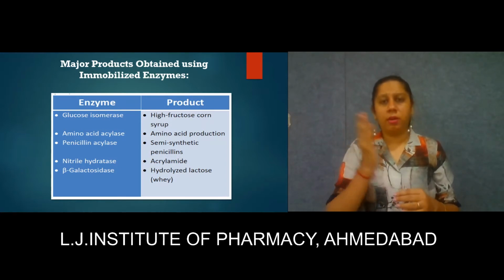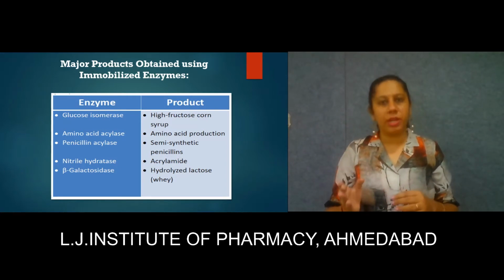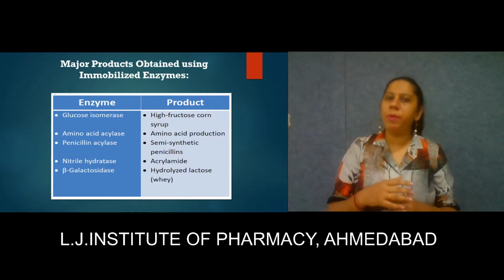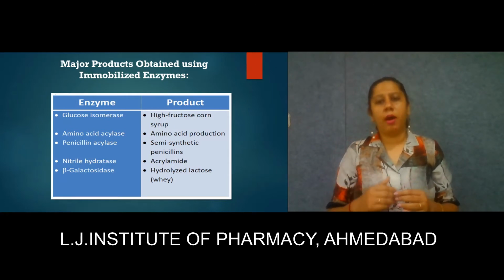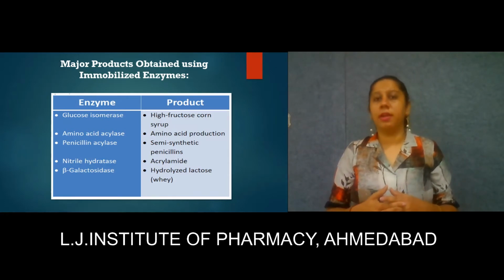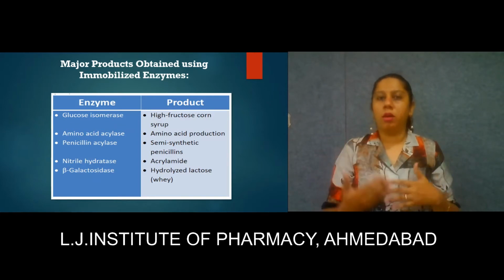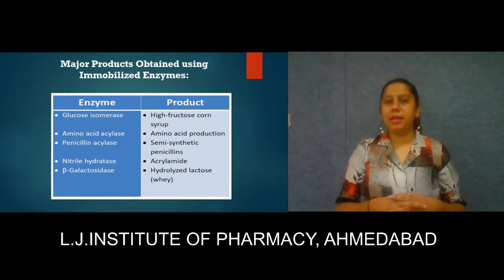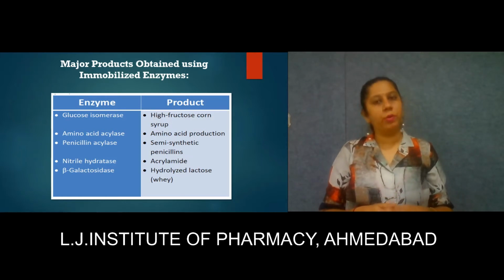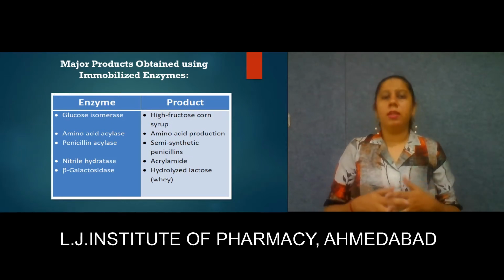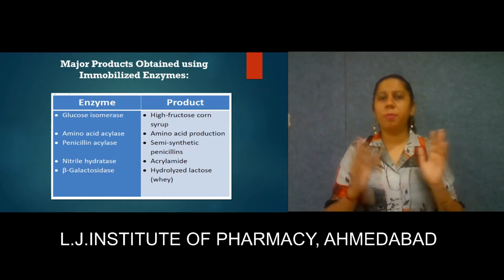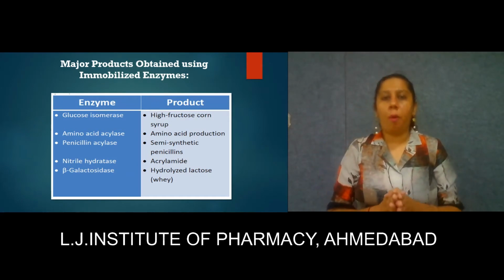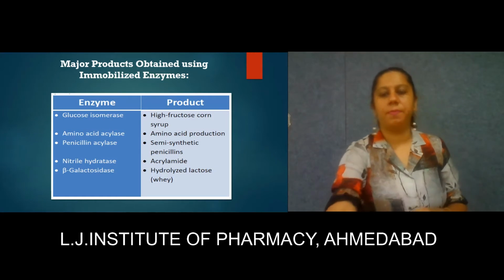It was obtained from Aspergillus oryzae, and it was immobilized in order to obtain L-amino acids, which are used commercially to a higher degree, right? Then penicillin acylase enzyme is used to produce semisynthetic penicillins, and so on. Okay, so these are some of the major products which are obtained by immobilized enzymes.